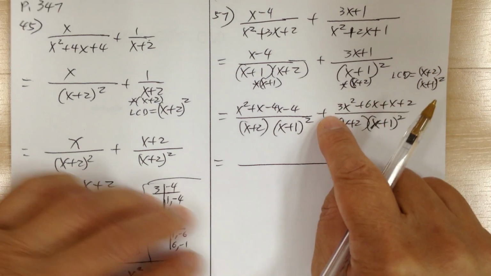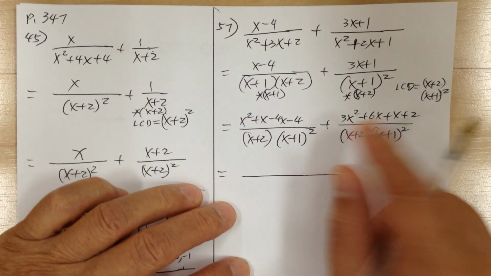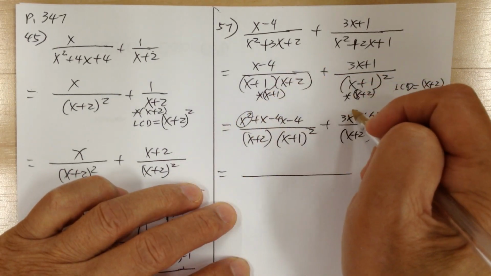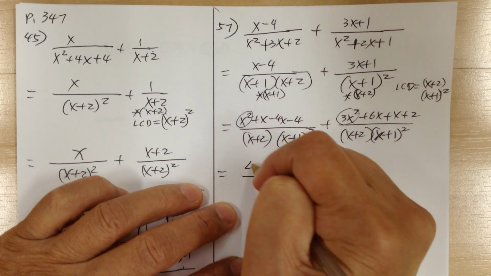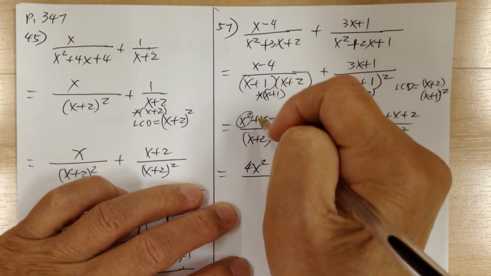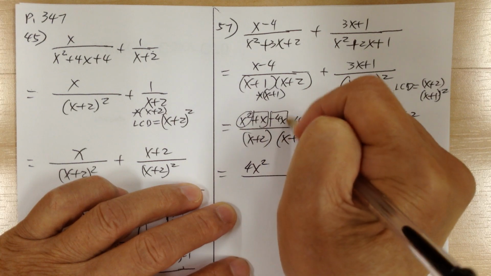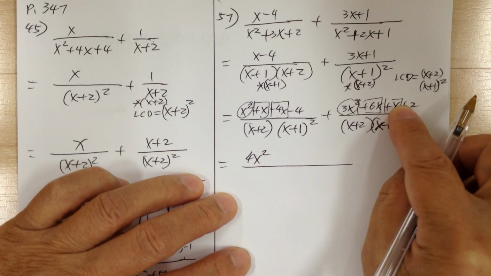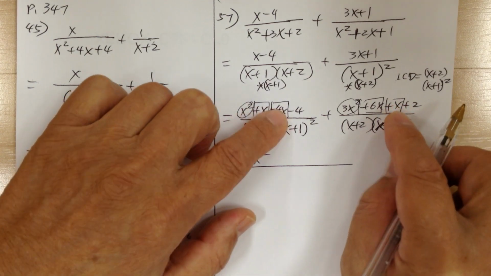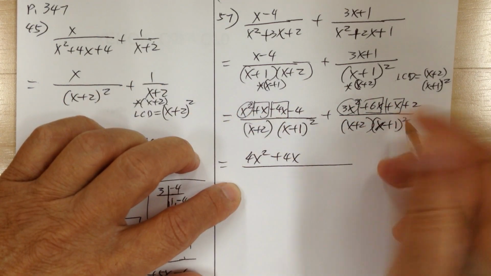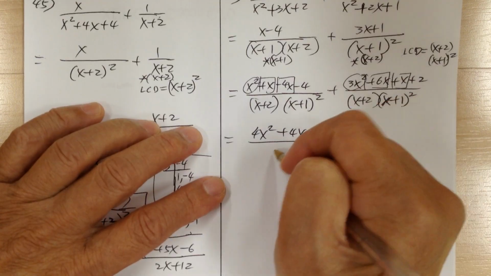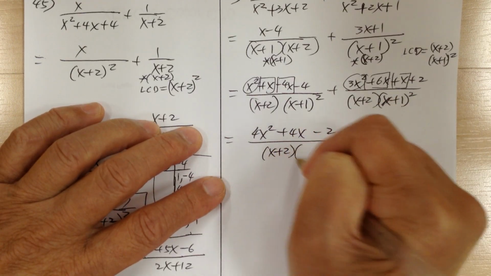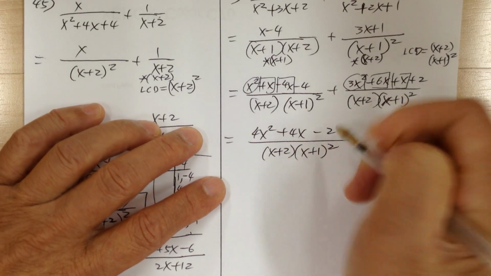If it's subtraction, you have to do additional steps. Okay, so let's start with the highest degree term. So this would be 4x squared, and then the x term: 6 plus 1 is 7, 8, minus 4 will give you plus 4. Okay, and the number would be minus 2. And you've got (x plus 2)(x plus 1) squared.